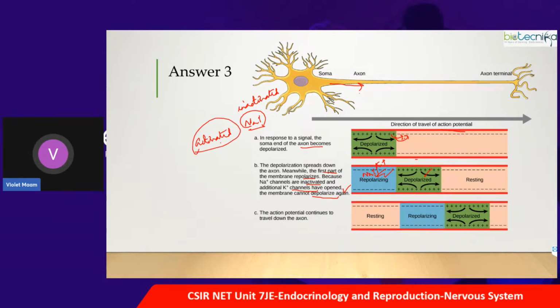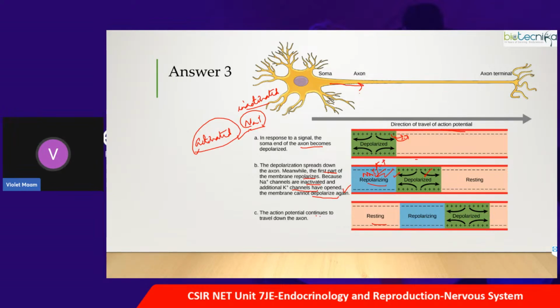Okay, so now if it has got depolarized and it is in the repolarizing phase, for some time the sodium is in the inactivated state. So that time another action potential cannot be passed. Only when it reaches back to the activated state or the resting state, then it is possible, right? So that is why another action potential cannot pass at the same time.